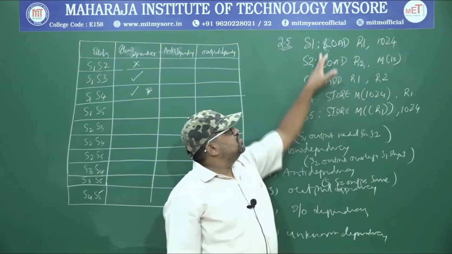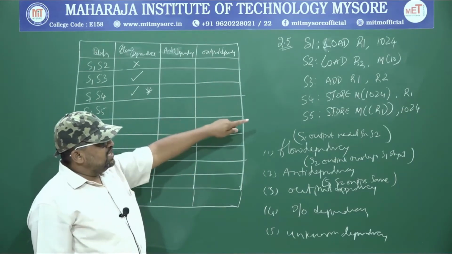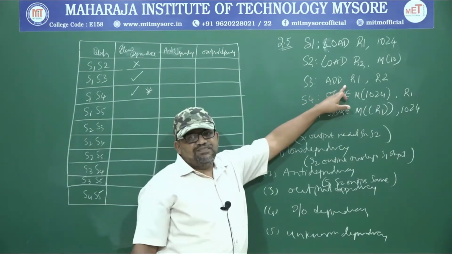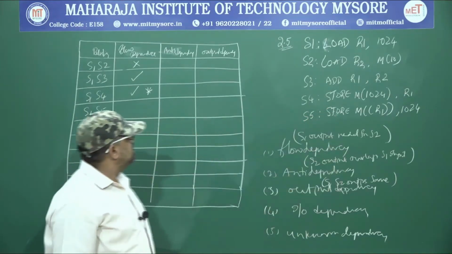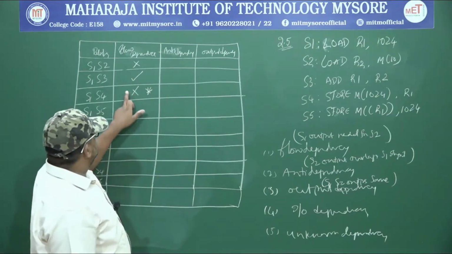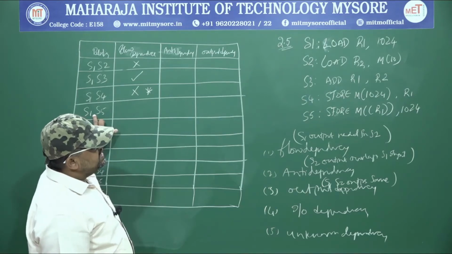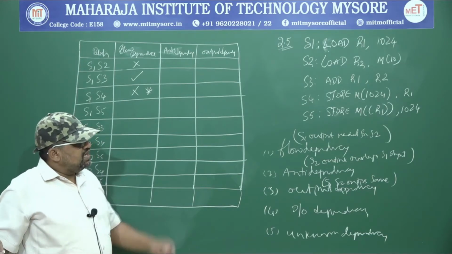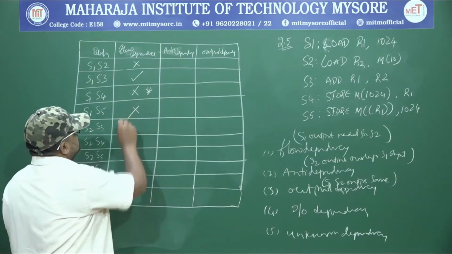It is a memory related operation, and usually for memory related operations we don't mark it, so that is why I'm going to put it as no dependency here. Now coming to S1 and S5, is there any reference needed here? Output is R1, but again the input is this memory location. Again it is the same, because the R1 value gets updated, so there is going to be no dependency.